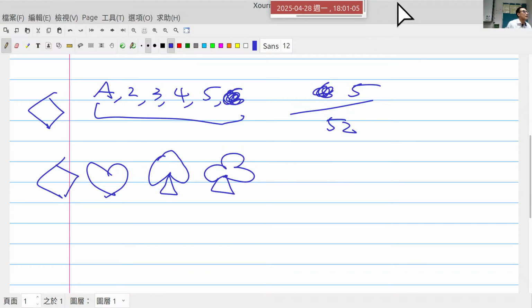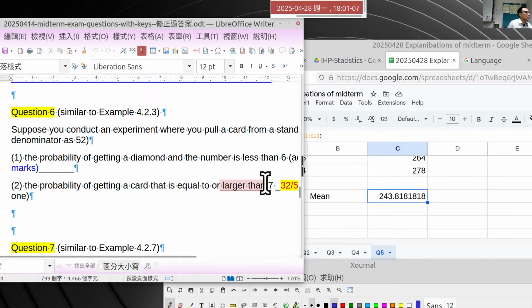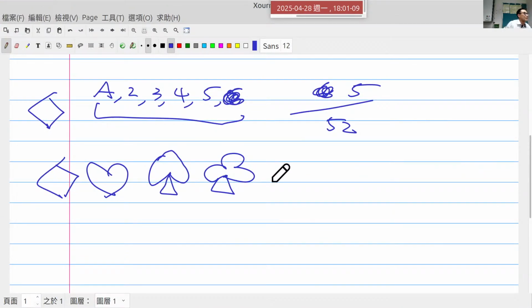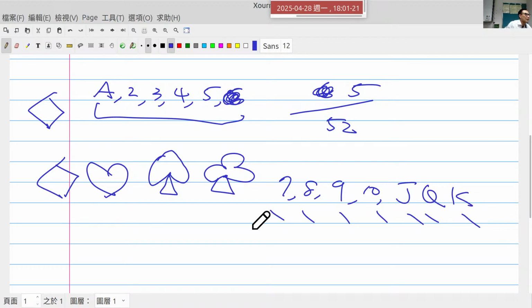And the question is, equal to or larger than 7, the answer will be 7, 8, 9, 10, Jack, Queen, and King. 1, 2, 3, 4, 5, 6, 7. 7, and there are 4 suits. That will be 28.